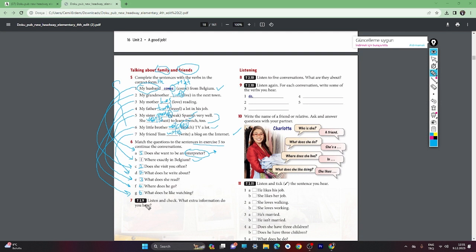now let's hear audio 2.9 and 2.10. We will listen and check if we might have some extra information from the audio, then we might add these to the sentences. And then we are going to listen to 2.10, and we will be listening to 5 conversations, and I want you to listen and just write as a comment under the video, okay?